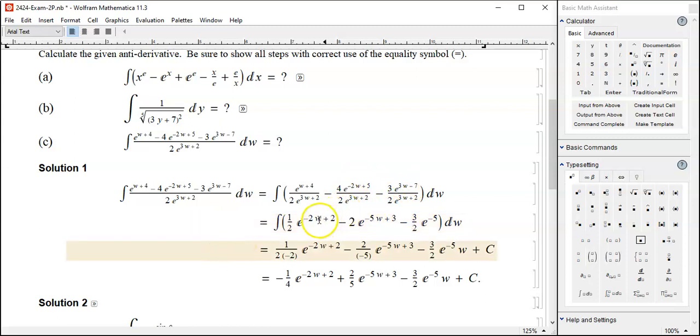Exponential always remain the same, but divide by this coefficient. Again, the idea is undoing the chain rule. Divide by this, so undoing the chain rule. And finally, this looks like exponential function, but there's no w there, so it's just a constant. So you just gain w because this is constant times w. And then there'll be a simplification, which is not really necessary.